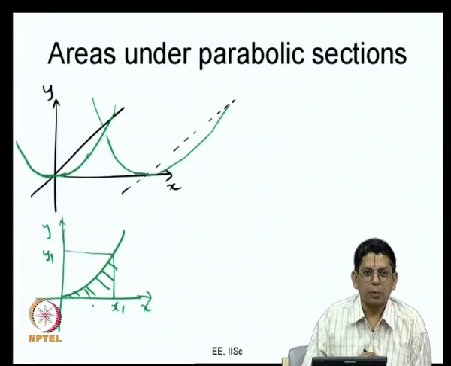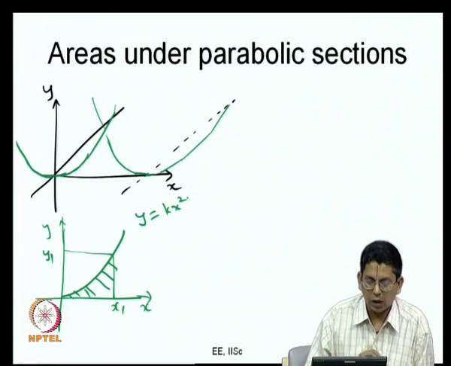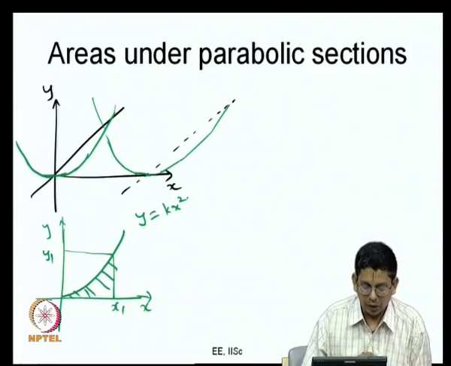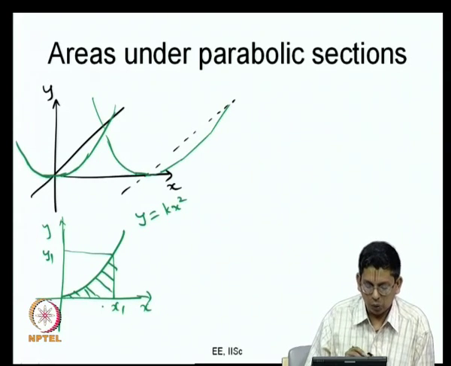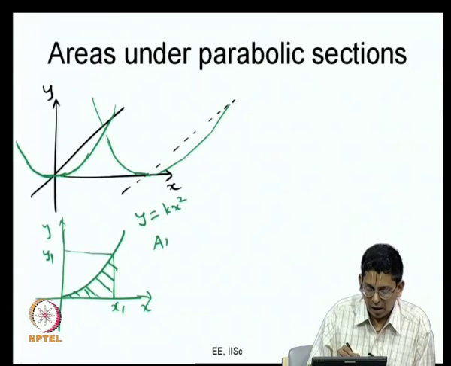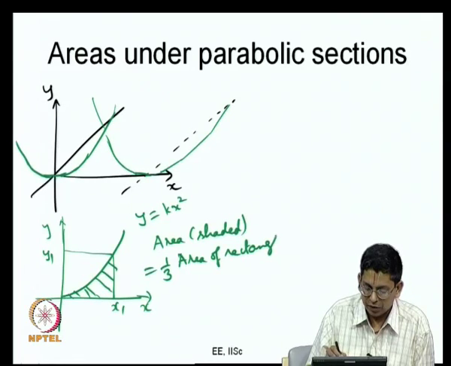This parabola is of the form y equal to x squared, or kx squared, or ax squared. So, what is the area under the parabola? As I told you the other day, the area that is shaded is 1 by 3 times the area of the rectangle.